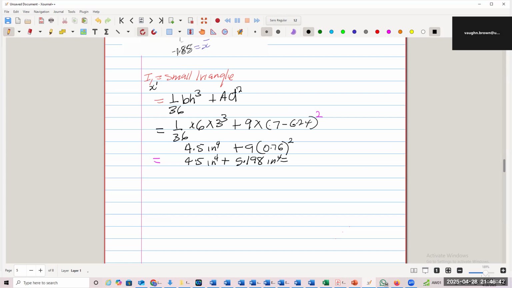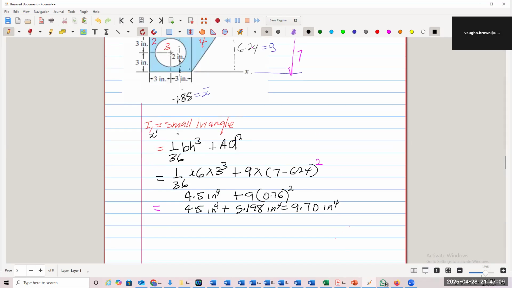When you sum those, I'm getting 9.69 inches to the, I could round that off to 9.7, because there's another 8 behind it. So this is 9.70 inches to the fourth. All right, so that is the first inertia, of the triangle.